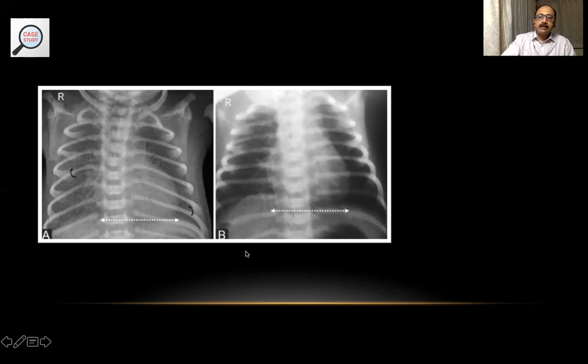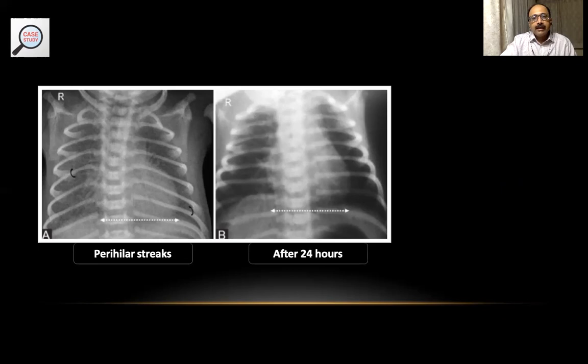And this is classical of transient tachypnea of newborn, a condition which is a diagnosis of exclusion, self-limiting, and a retrospective diagnosis. So a term infant who has undergone elective cesarean section, or where the delivery has been precipitate, and in near terms and term infants, you would see these features which are self-explanatory.